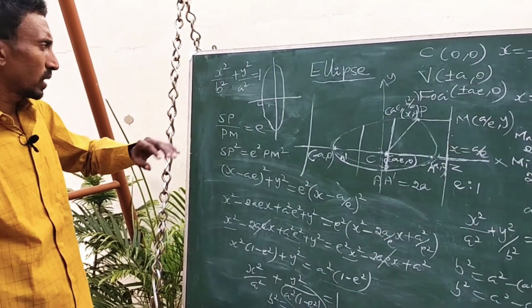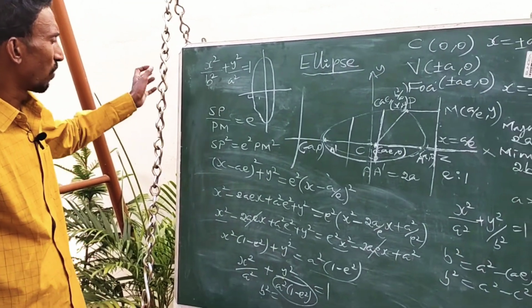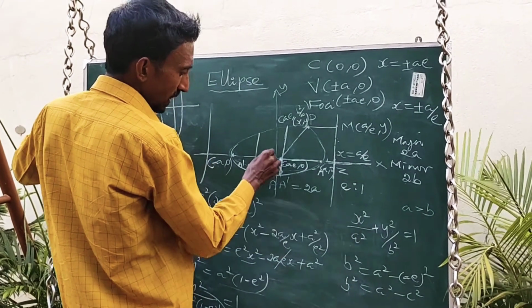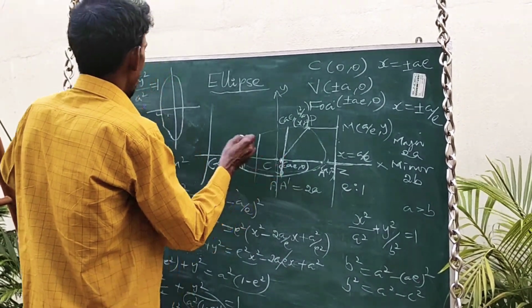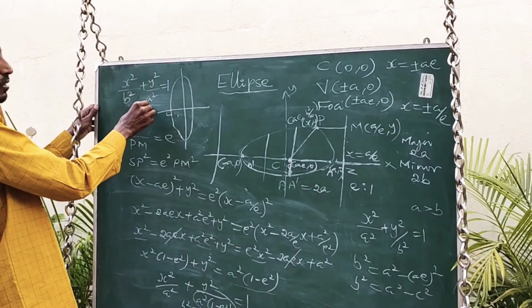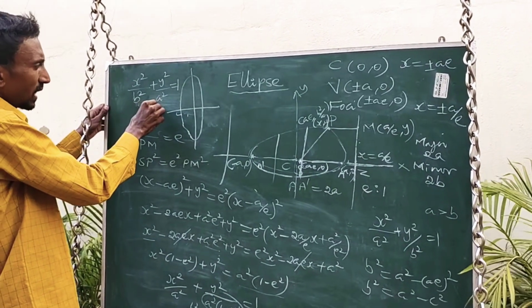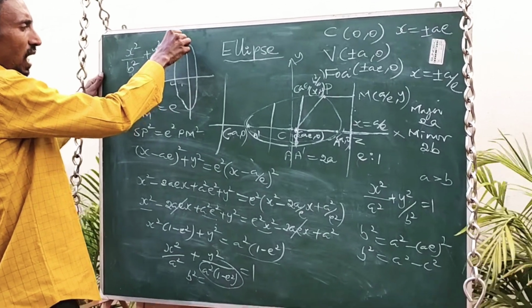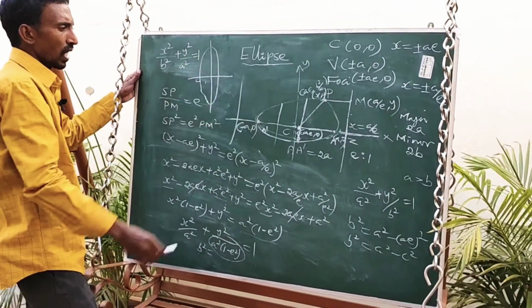If you compare the equation, if the larger value is below x square, it is the first type, with the major axis along the x-axis. If the larger value is below y square, it is the second type. Here the major axis is the y-axis and the minor axis is the x-axis.